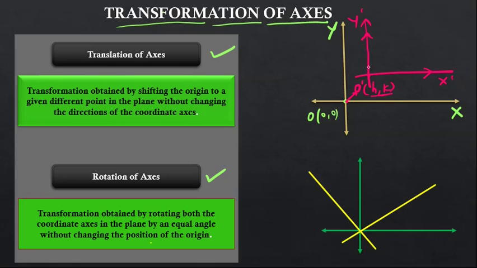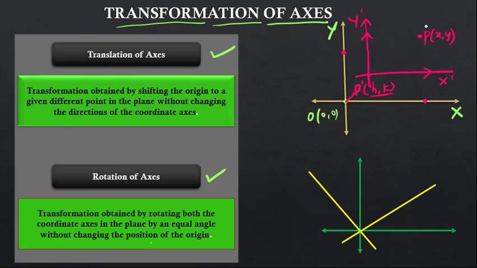Now suppose there was a point P, small x comma y, with respect to this original coordinate axis. Now as we have shifted the origin from O to O dash, obviously the point's coordinates will change.